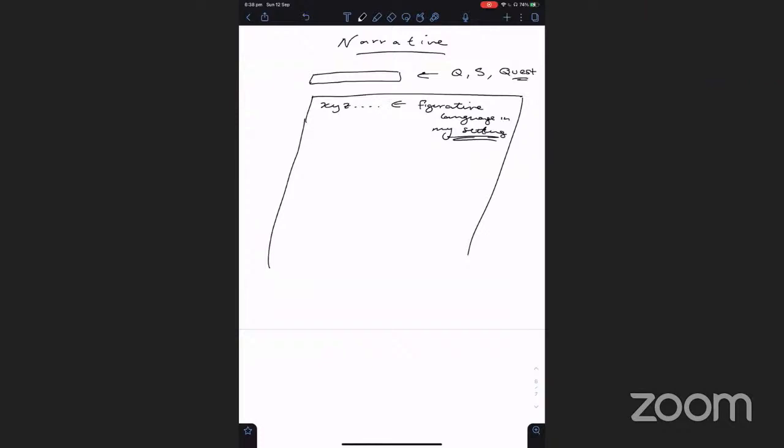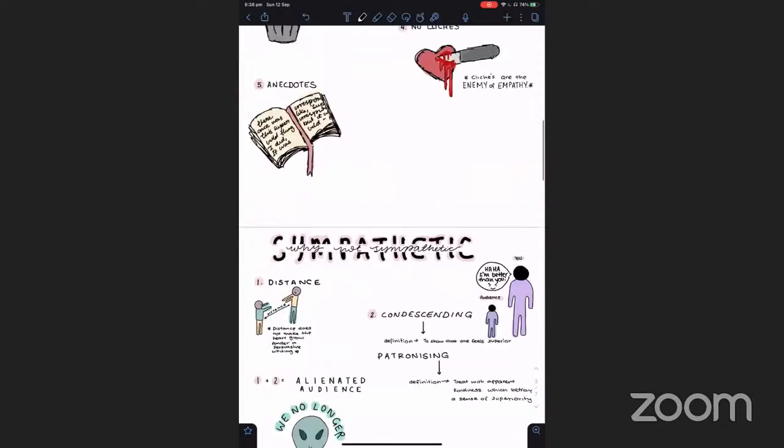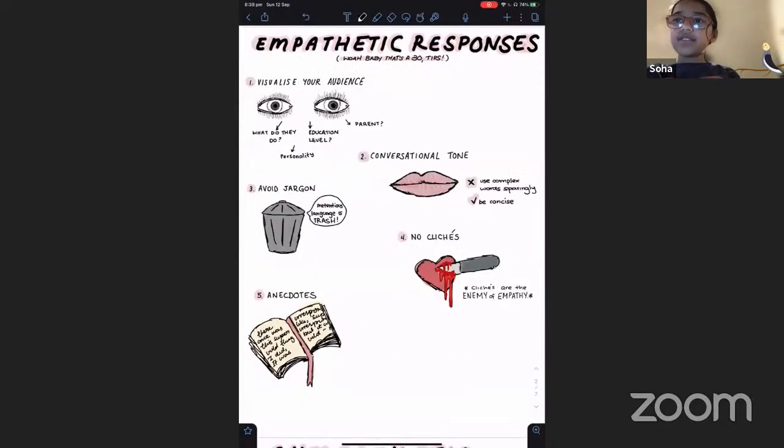Yes. So that would be in his control. I'm not sure what he's doing, but I'm sure he will make sure that you guys are primed and prepped for marks. Any other questions about that, Soha? About the narrative or persuasive, anything to do with marks? No, but can you please go to the first page so I can take a quick screenshot?